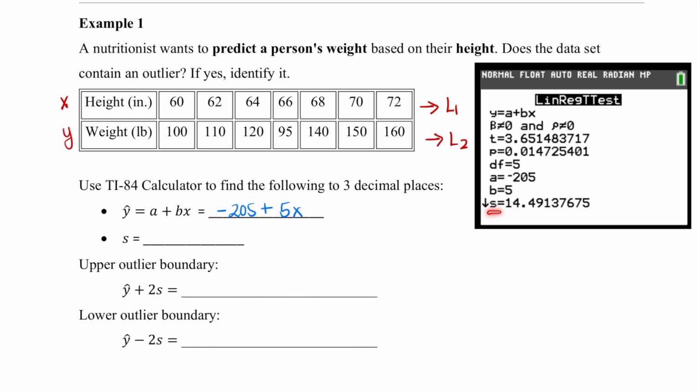S is 14.491 because the question asks for 3 decimal places. Now, to find the upper outlier boundary, I take the regression line plus 2s.